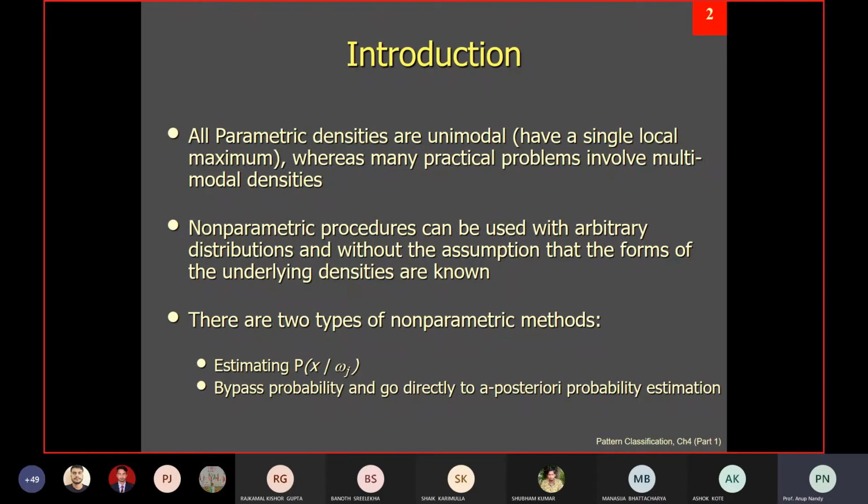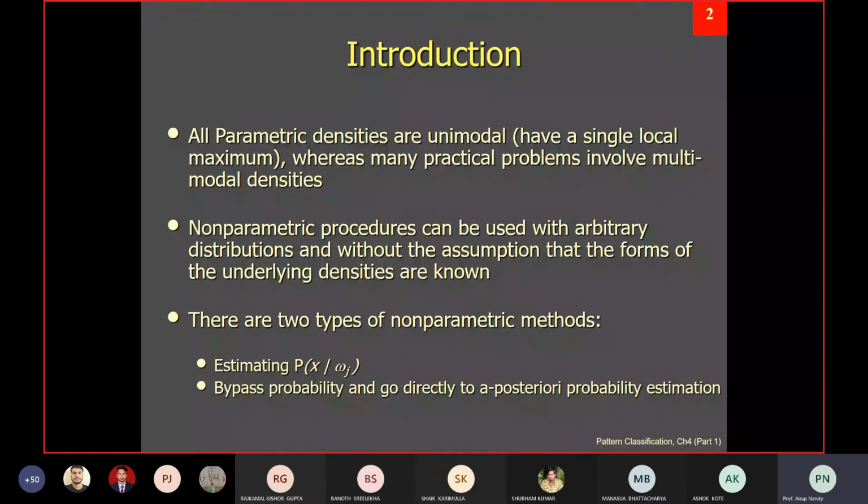This is closely related to non-parametric design procedures such as the nearest neighbor rule, which we'll see in the second portion. Then you can bypass the probability estimation and directly get the decision function. That is what we'll be talking about.